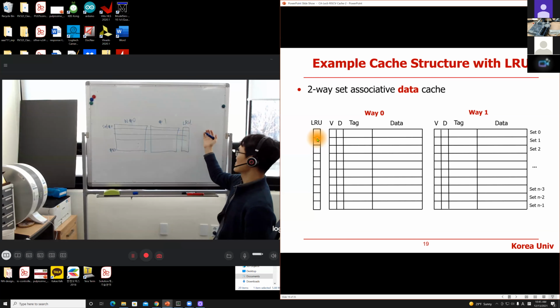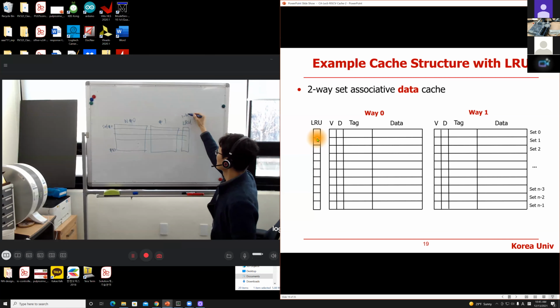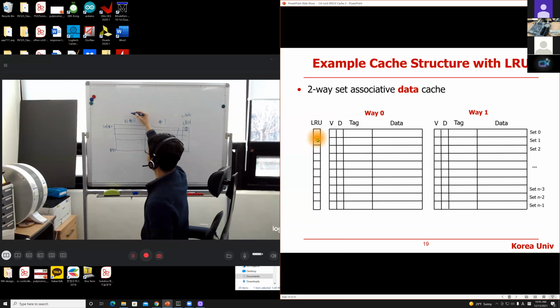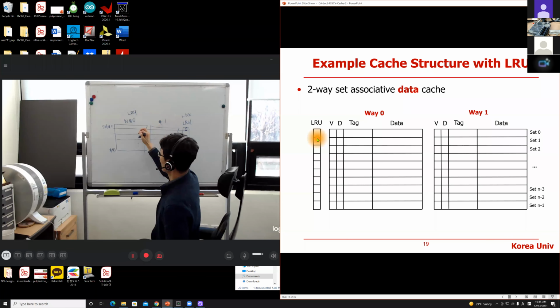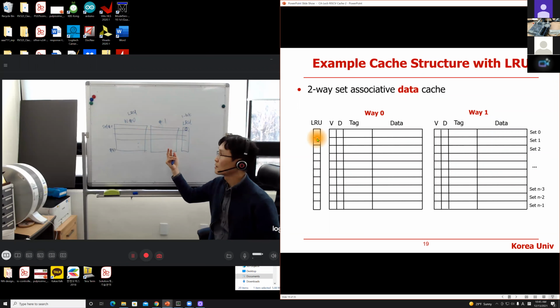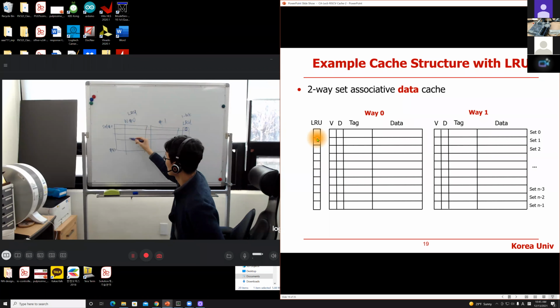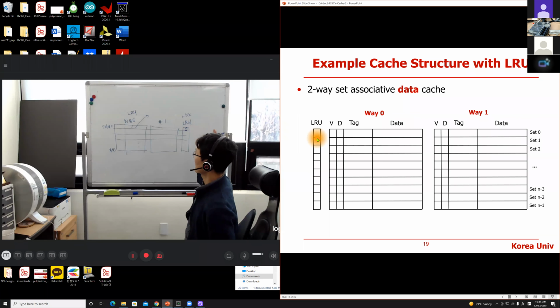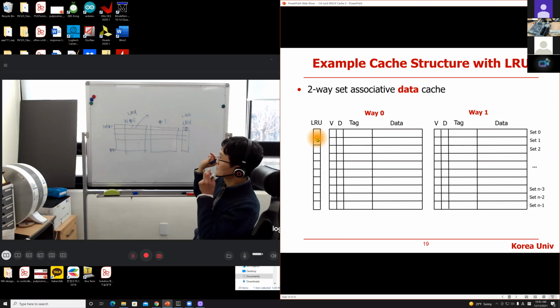Two-way set associative is very simple. You need just one bit, one-bit LRU. Say this bit is 0, then way 0 is the LRU, the least recently used, least recently accessed entry. So you want to replace that one. I need to bring in a new memory block, so you go out.